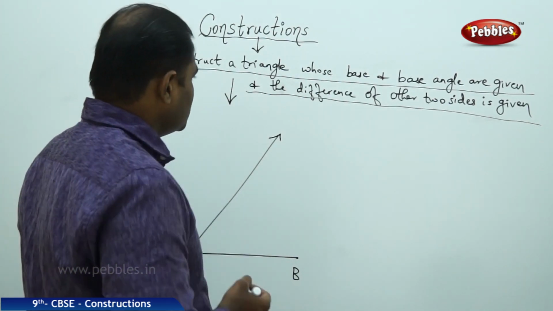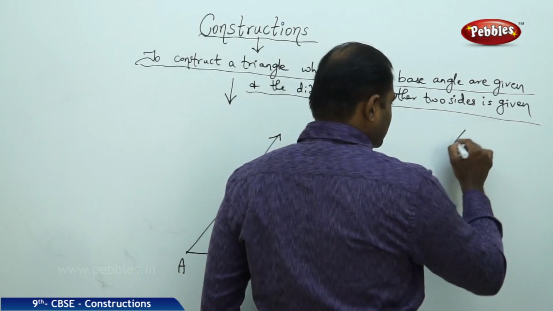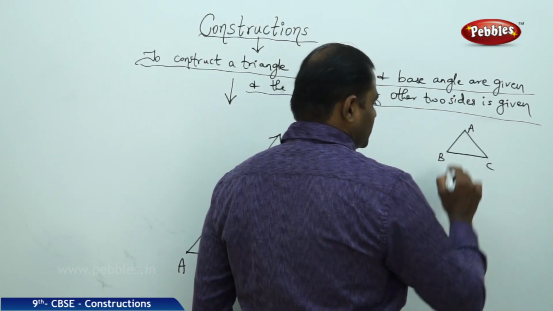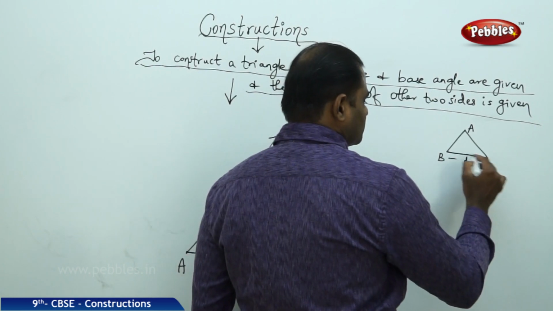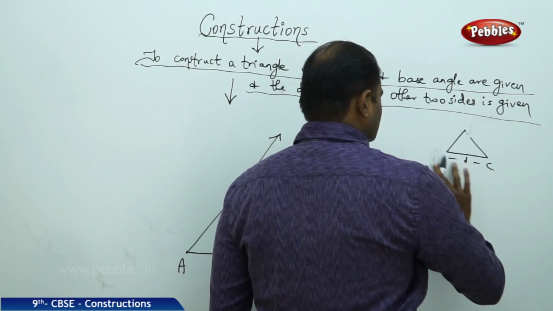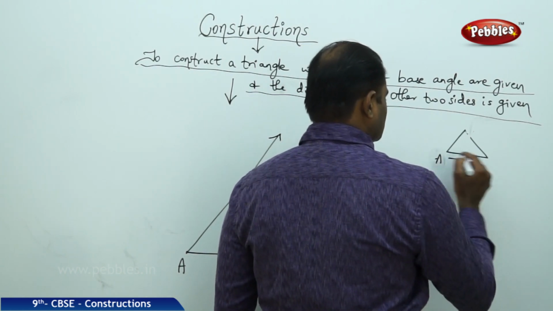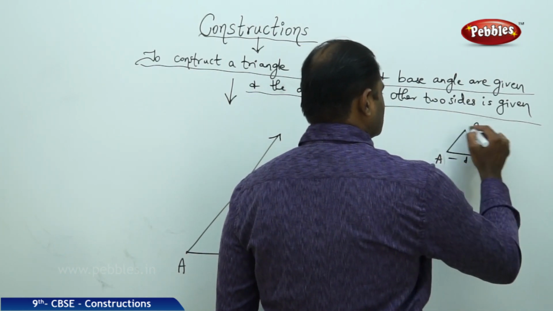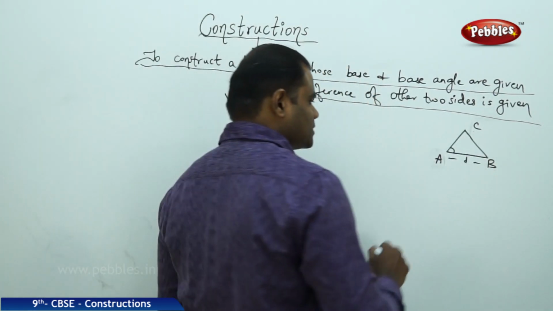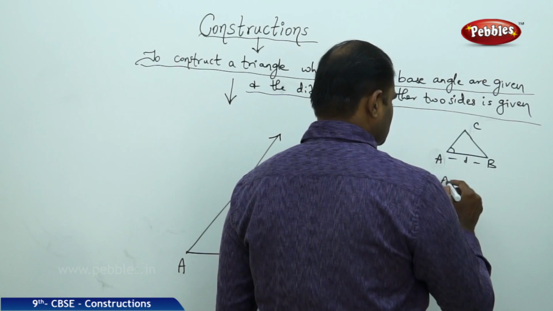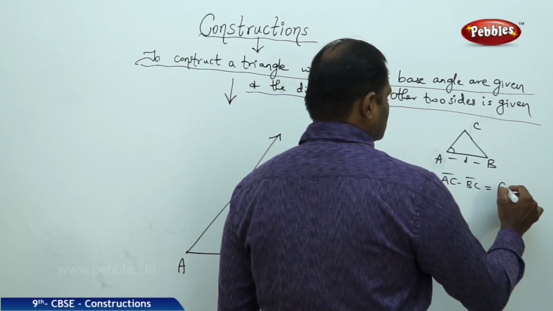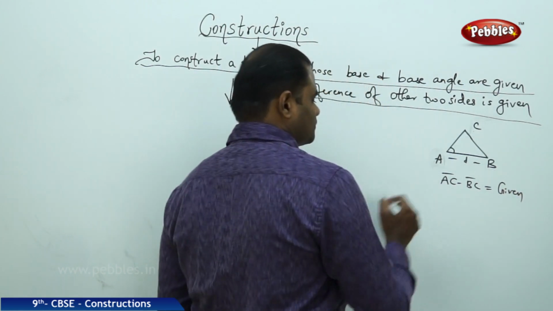Now the difference of two sides, say for example if I take the construction diagram as a rough work, this is A, B and C, and this angle is given, then the difference of two sides, say AC minus BC, is given.